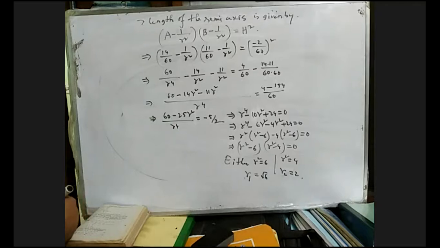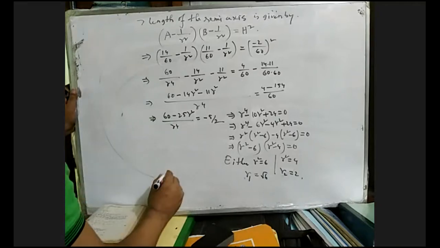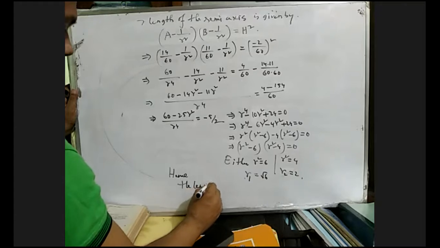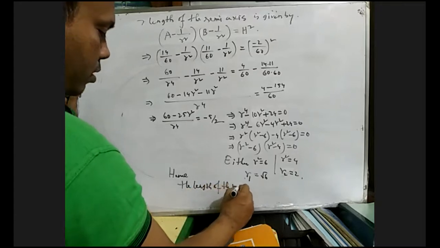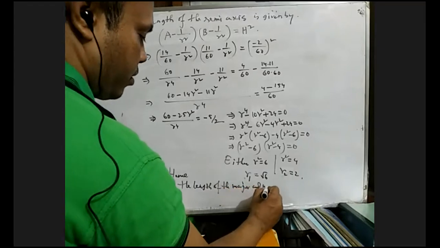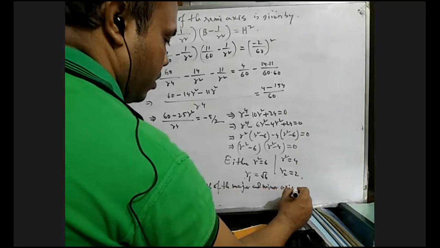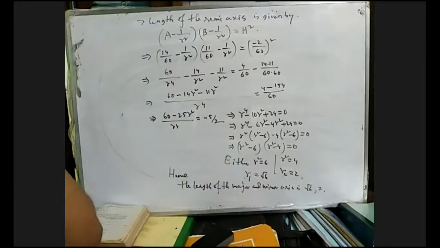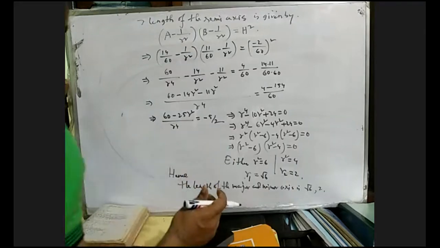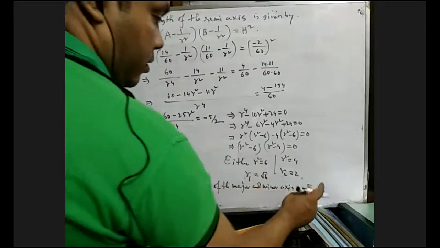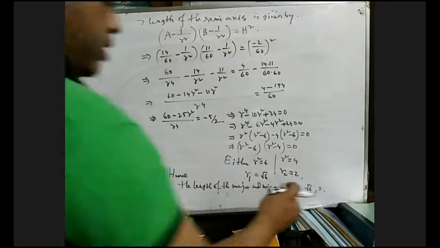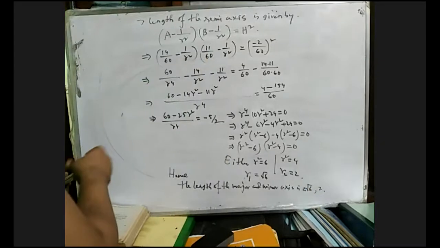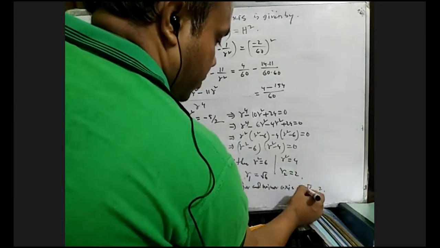So the length of the major and minor axis is 2 root over 6 and 4.